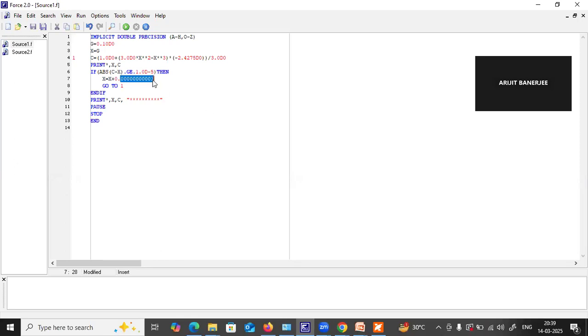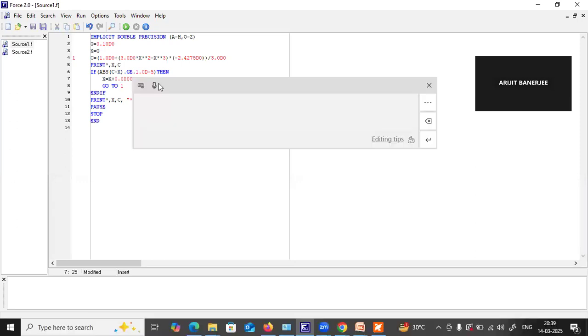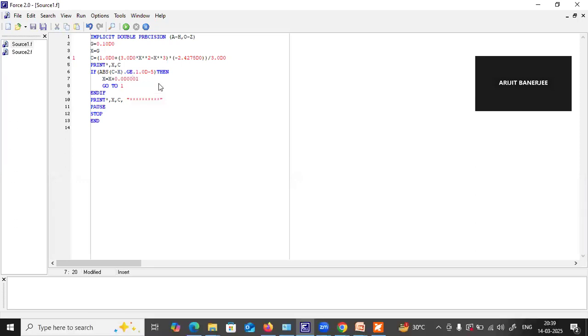And this increment also you can take some value like 10 to the power minus 5. Okay, and if this is greater than the tolerance limit, that means the error is more than this value, then it will again continue with the correction. So that way it will continue. Okay. Now I will run this to check how much it is coming.